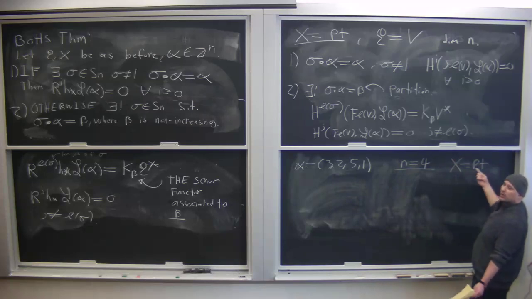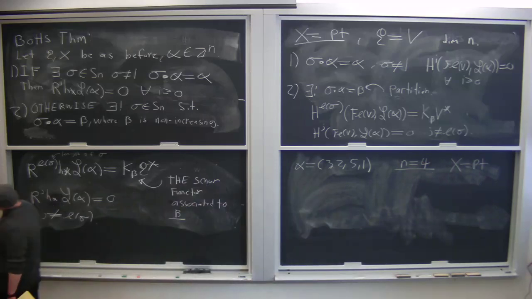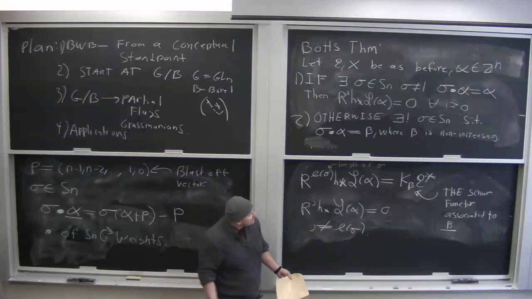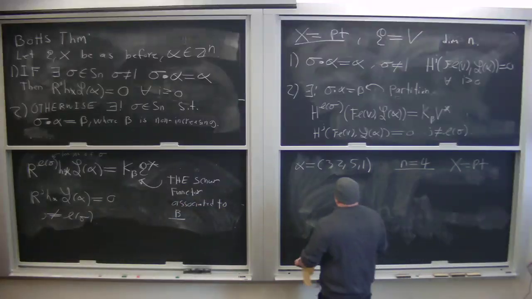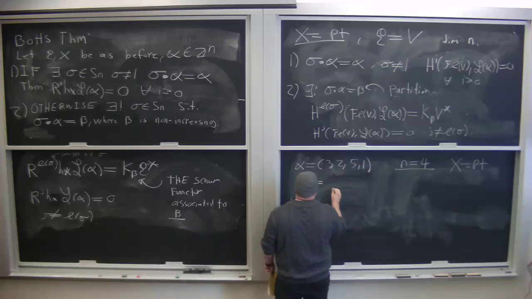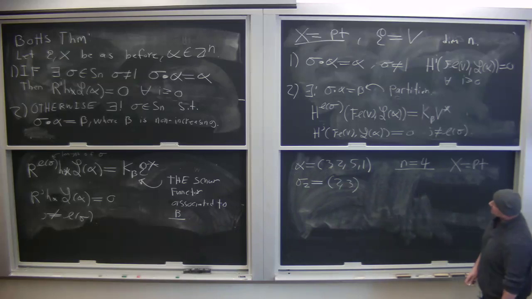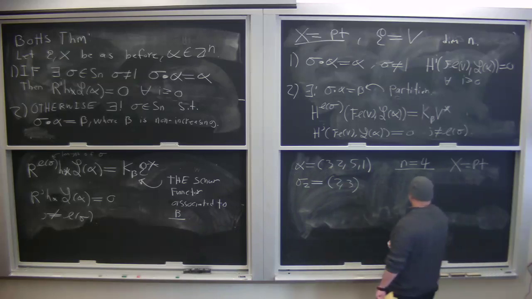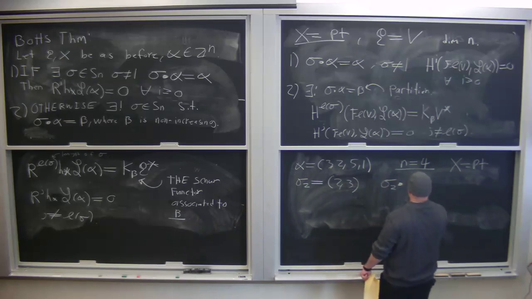I could take x to be a point or not, because the combinatorics, the dot action, doesn't really see anything with x. So let's try sigma 2, the transposition (2 3). So what is sigma bullet of 3, 2, 5, 1?